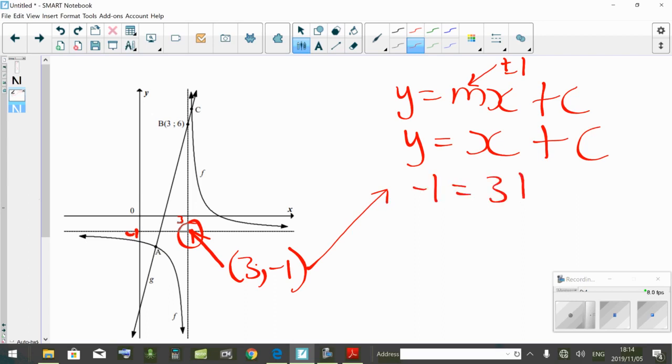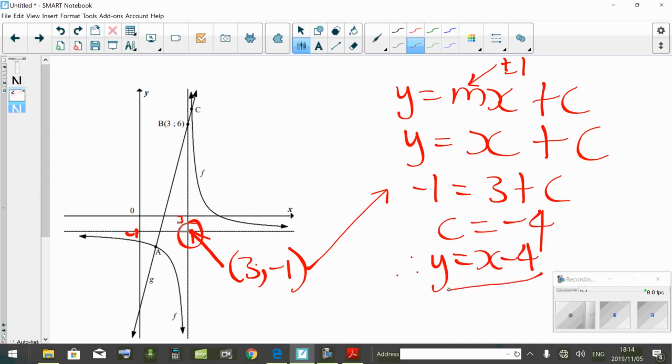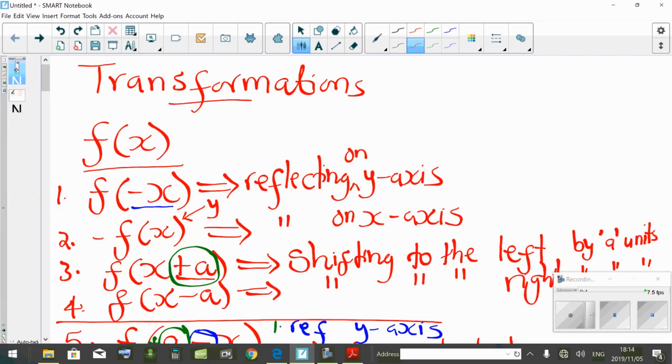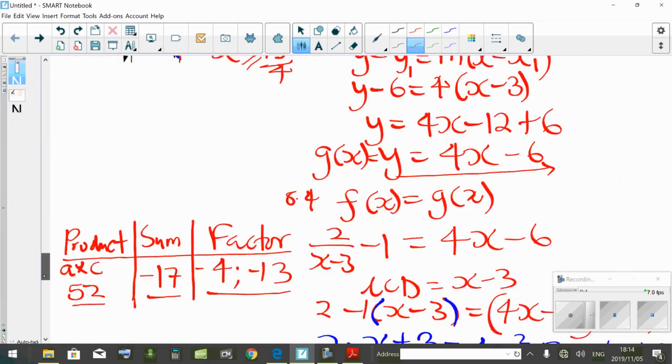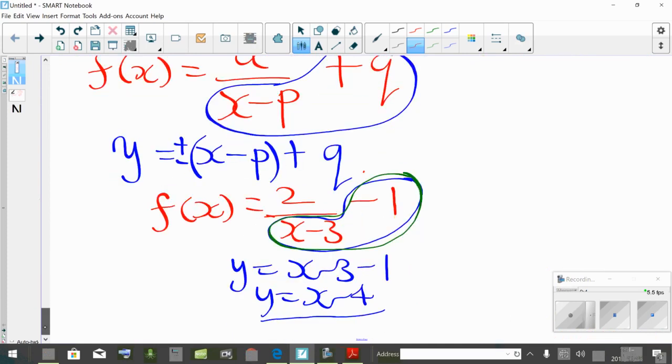Negative 1 is equal to 3 plus c, meaning c is equal to negative 4. Then you conclude that y is equal to x minus 4, which gives us the same conclusion as we obtained with this initial method. So, choose this day which method you're going to use.